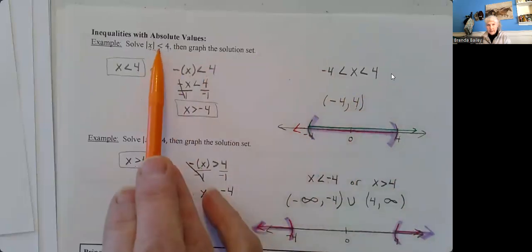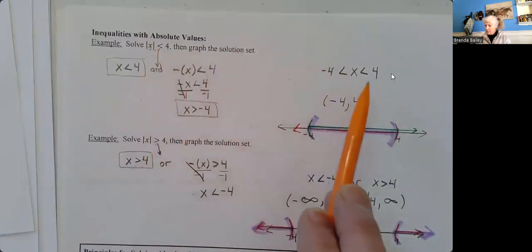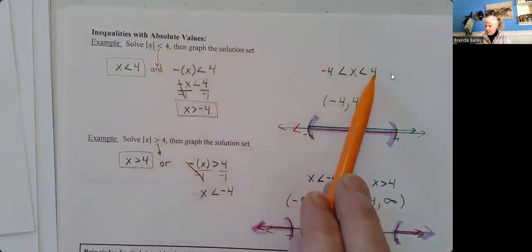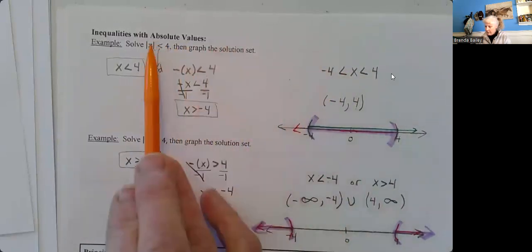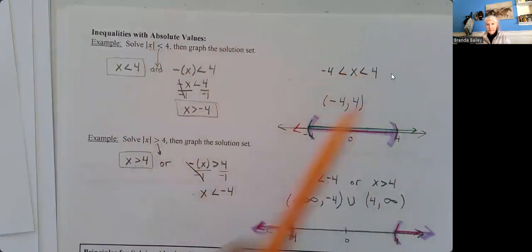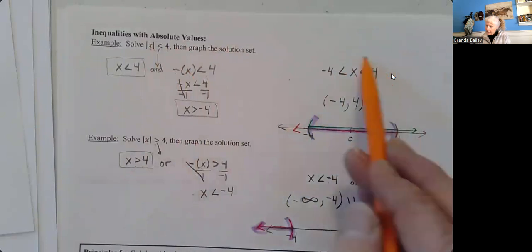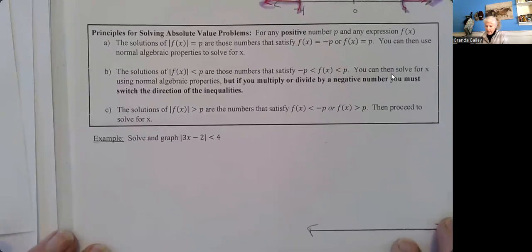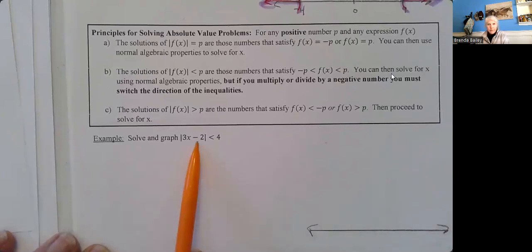The answer has the +4 on the right, its opposite on the left, and less than inequalities. We're going to use this one to shorten this one right here.